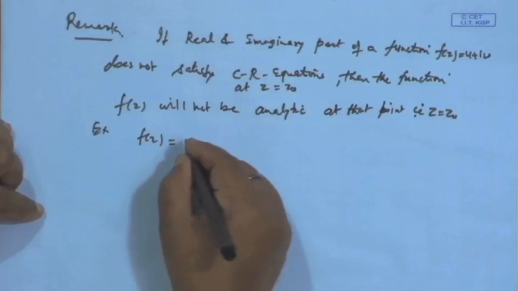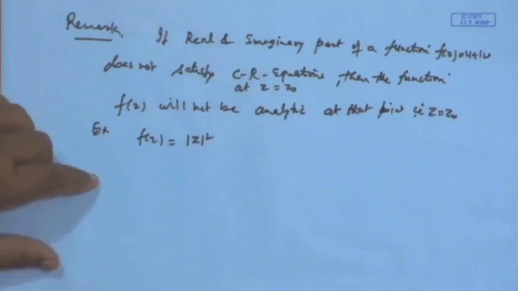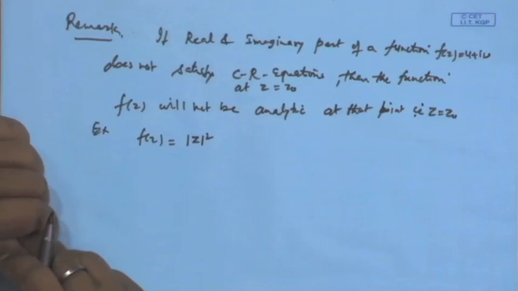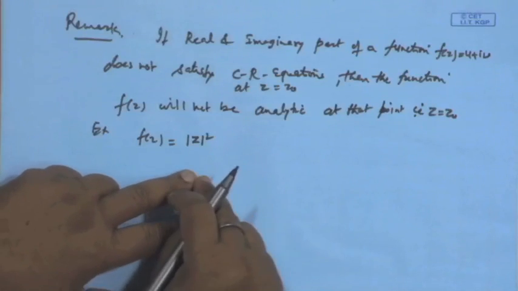For example, if we look at the function f(z), which we have already seen, mod z square, this function is not analytic at the point 0, is it not? It is not analytic at 0, because the function is not differentiable at the points around 0. The reason is, when you take f(z), what is this?